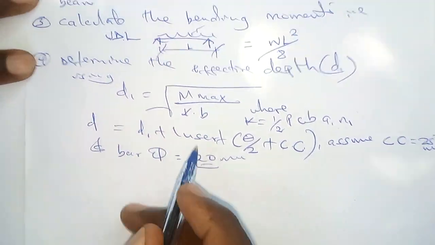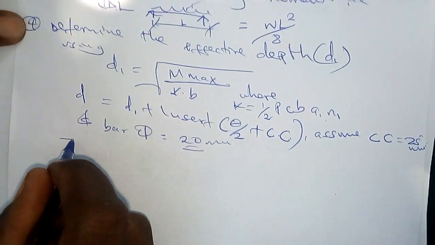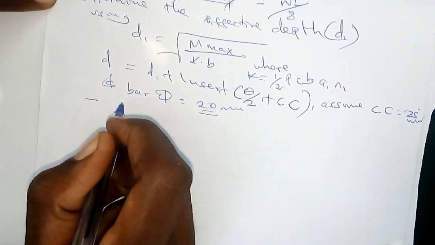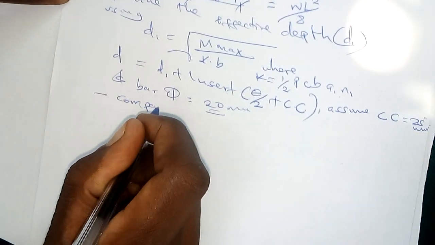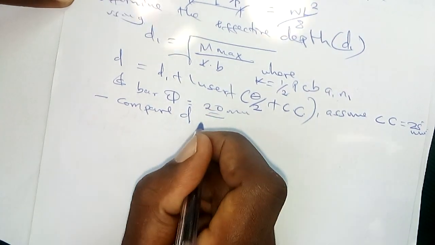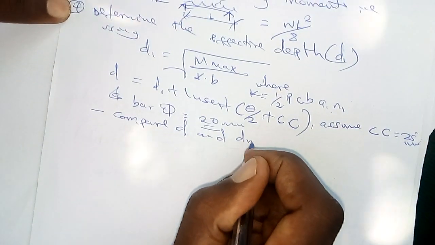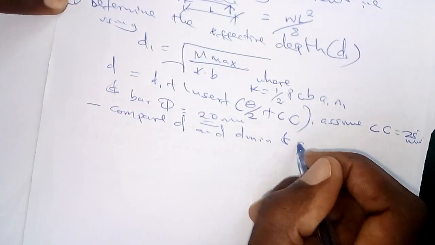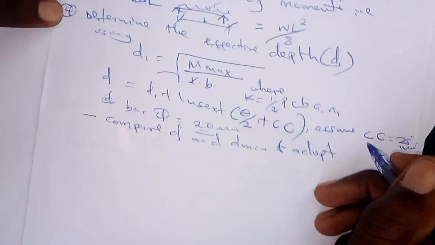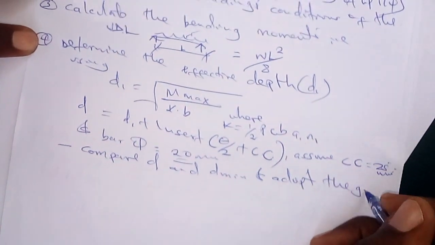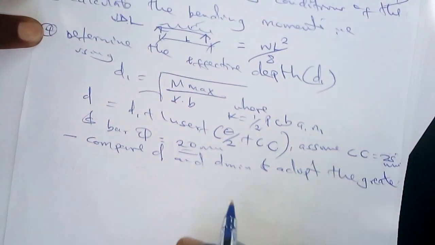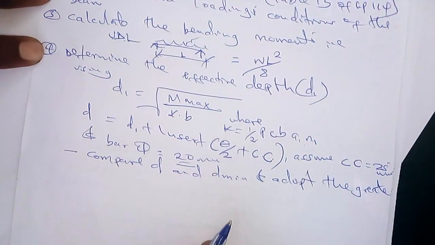So then you are required to compare D and D minimum and adopt the greater, which means you will take the greater.